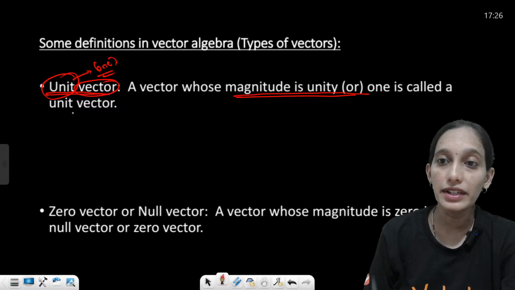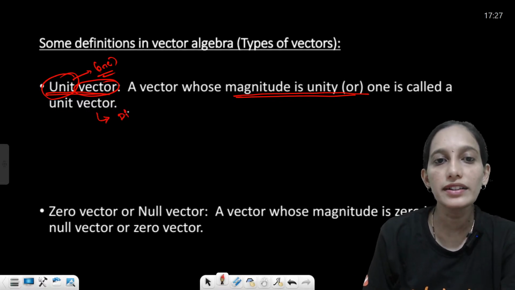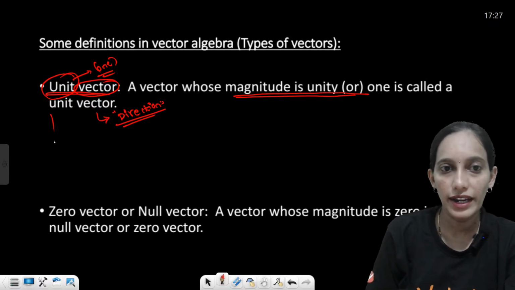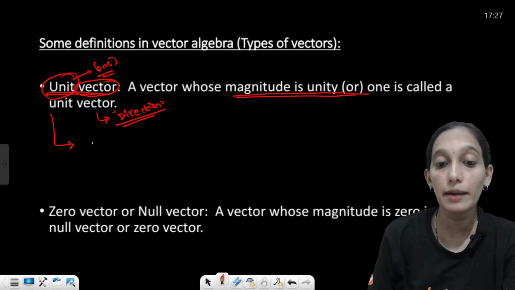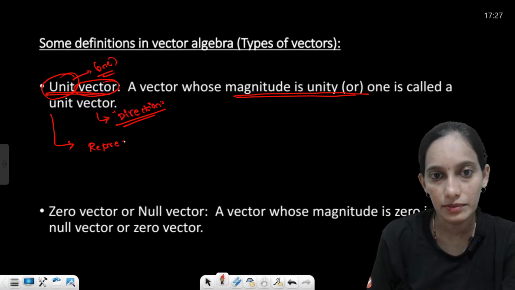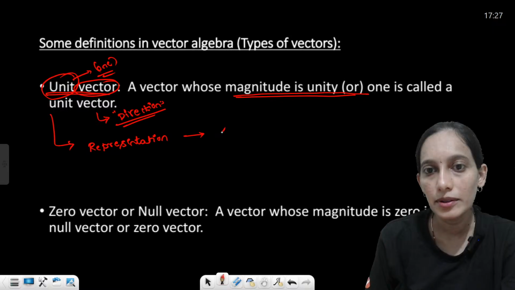Okay, so why do we need a unit vector? It is important to specify the direction. If some vector representation has to be written and the direction has to be written, we can take the help of unit vector. So how do we represent it? Cap notation. Representation of unit vector is placing a cap on top of the variable.